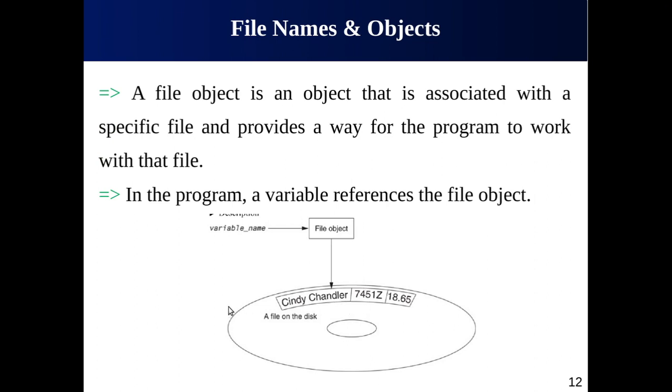If you have a file which is stored on the hard disk and you want a variable to operate on the contents of this file, then you have to access it with the help of the file object. So it is like an intermediate between a variable and the actual contents of the file, and it is required to perform operations on the contents of that file. We will see it in a moment.